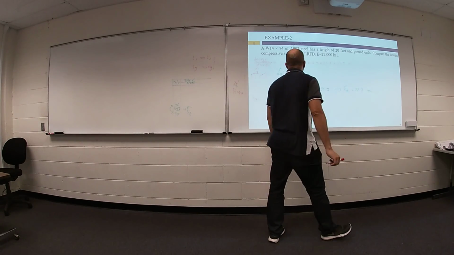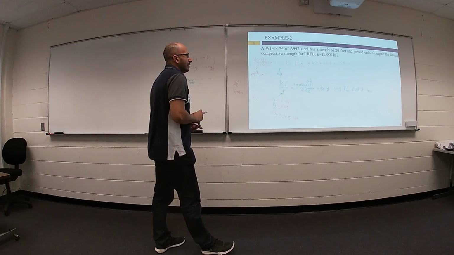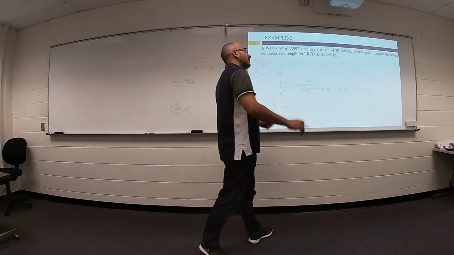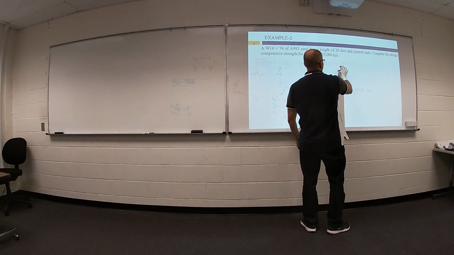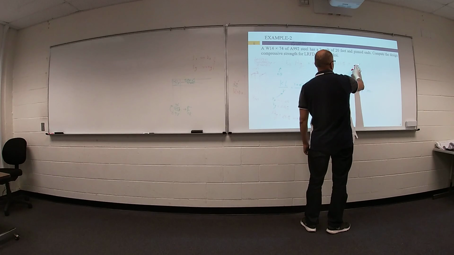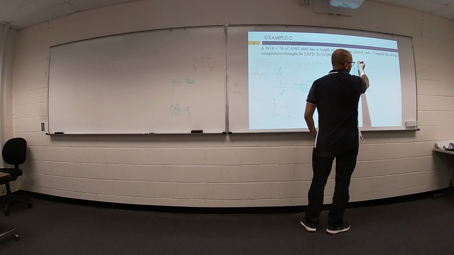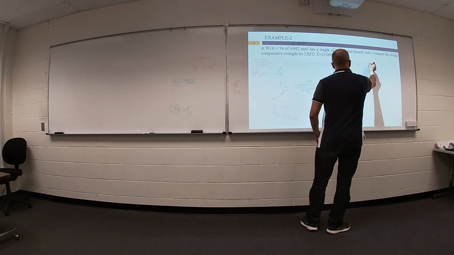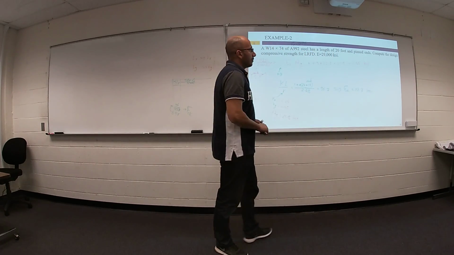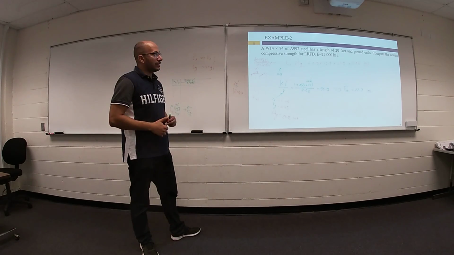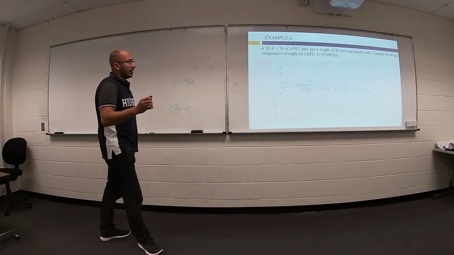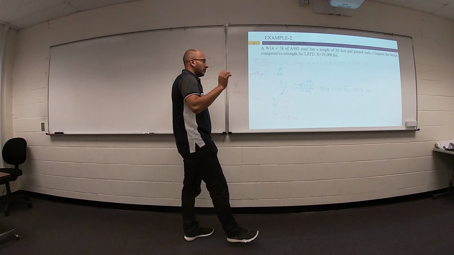What is the final value? Something around 400. 445 kip. So the design compressive strength for this column equals 445 kip.